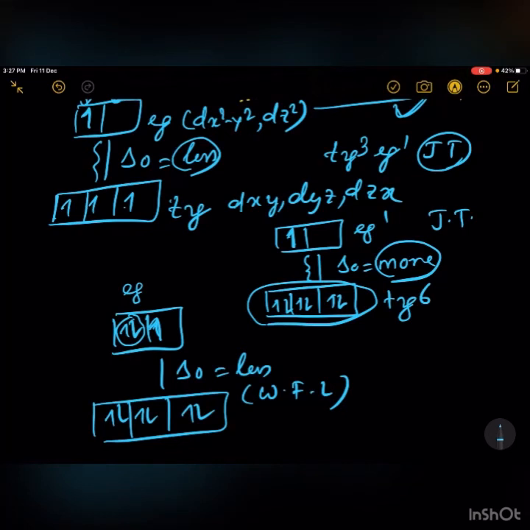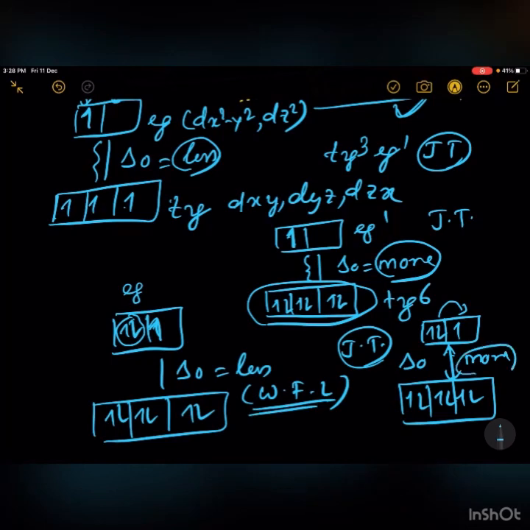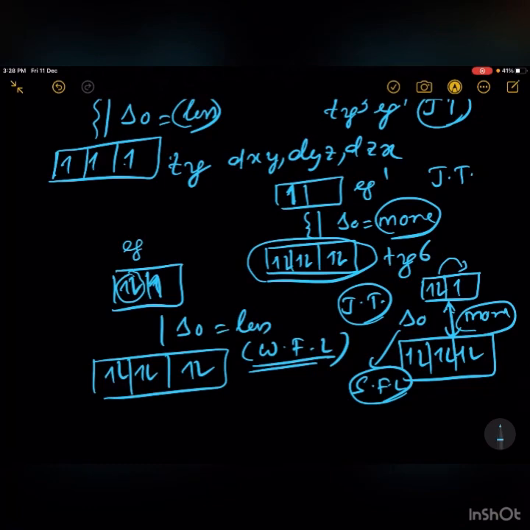So in case of a strong ligand for D9, the difference del O is more, and first 1, 2, 3, 4, 5, 6, then 7, 8, 9. Here also one of the EG orbitals contains one electron more than the other. So the Jahn-Teller effect is observed over here. Here it is a weak field ligand, and in this case it is a strong field ligand.